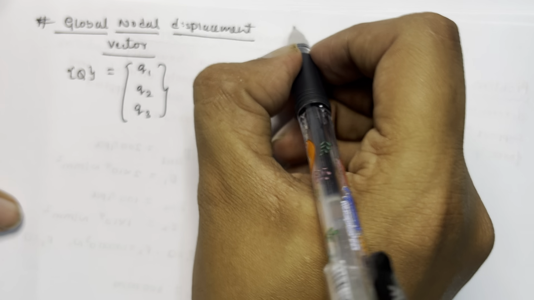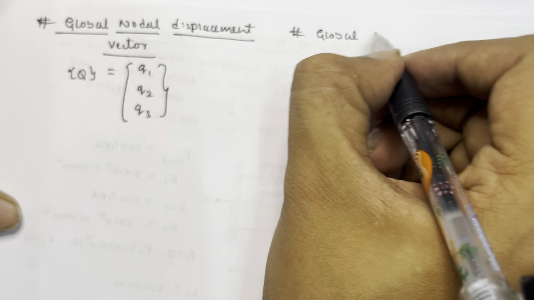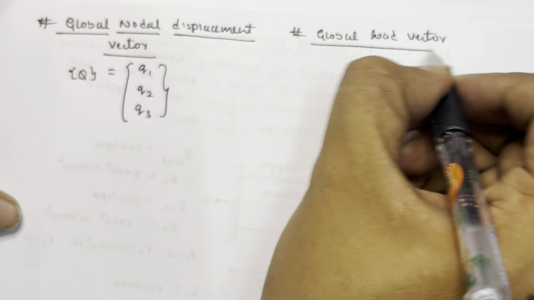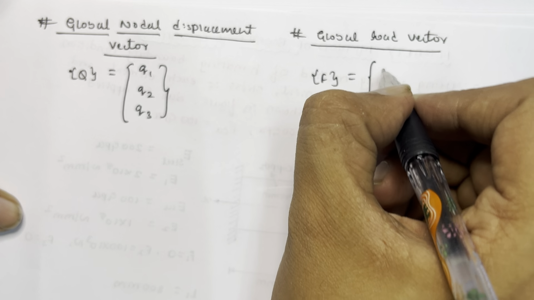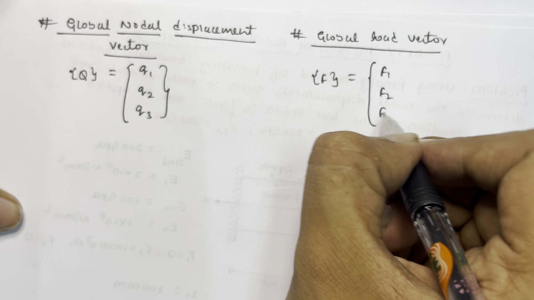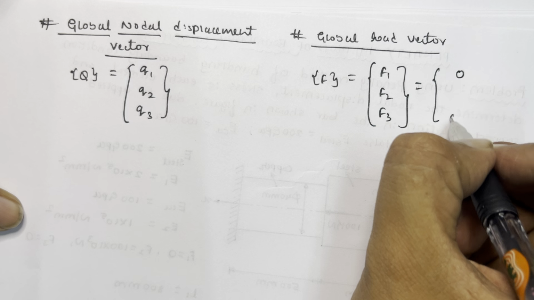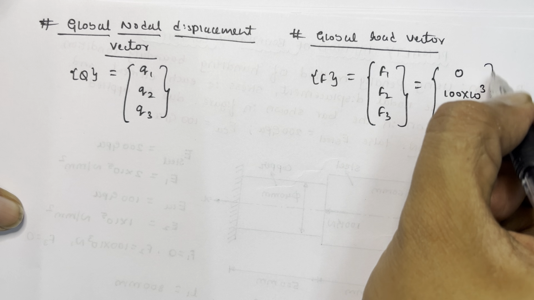Similarly, the global load vector, that is F1, F2, F3. As we discussed, here F1 and F3 are 0, F2 is 100 into 10 raised to 3.